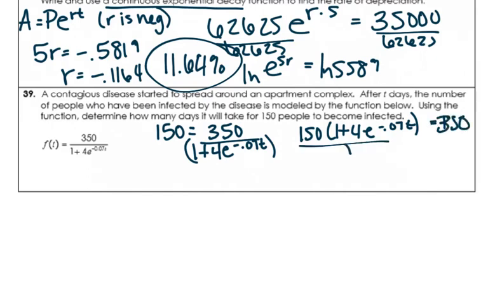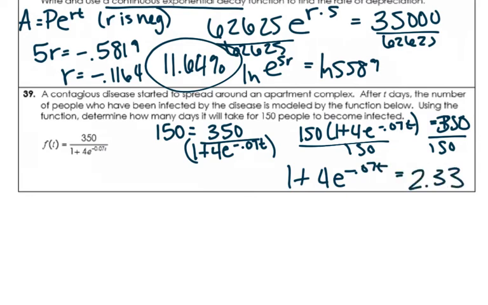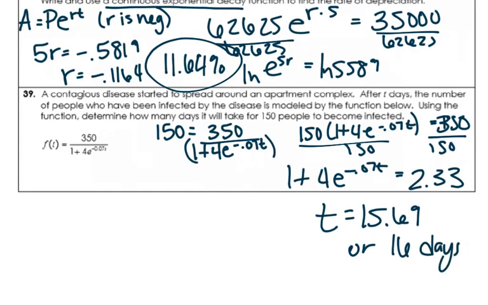And then I'm going to divide both sides by 150. Alright, I'm running out of time, so I would solve it, and I'm going to get 15.69, or 16 days. If you need help on that, just let me know.